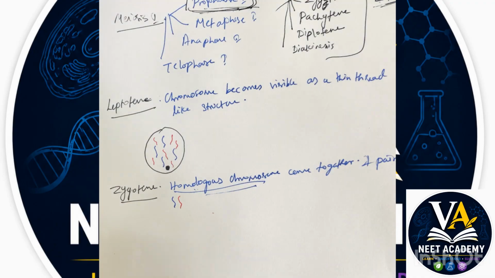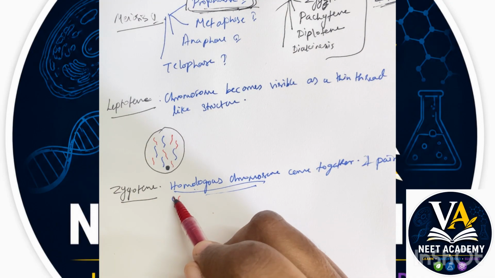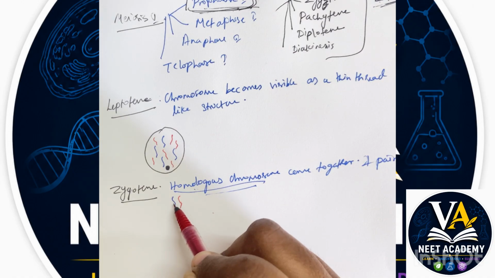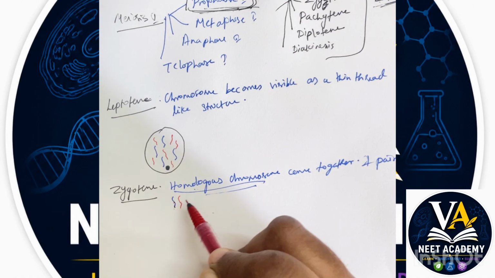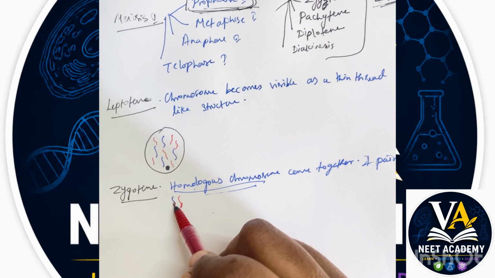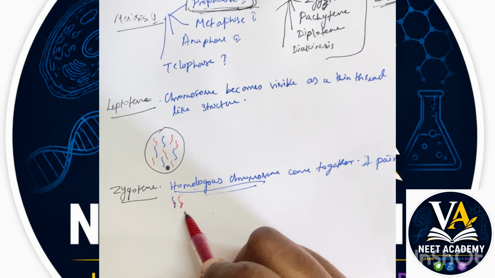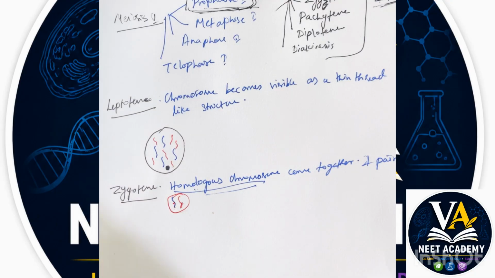For example, a father's chromosome having a trait for eye color and the mother's chromosome having a trait for eye color, they come together and pair. This is why we call it a homologous chromosome, because they carry the same trait.